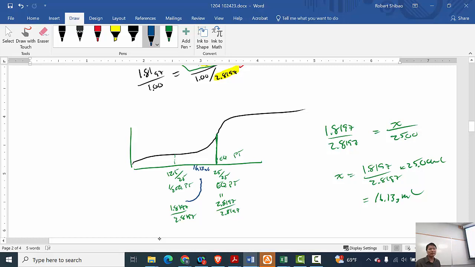Does that make sense? Okay. The 16.13 out of 25 equivalence points is the same thing as a 1.8197 out of 2.8197 equivalence point. And we got it.